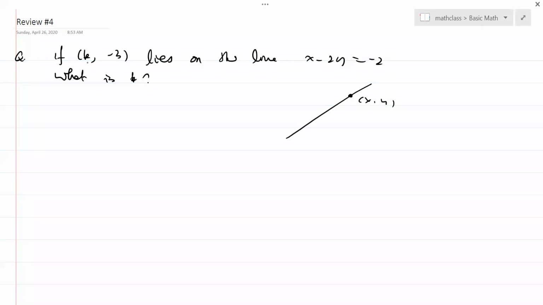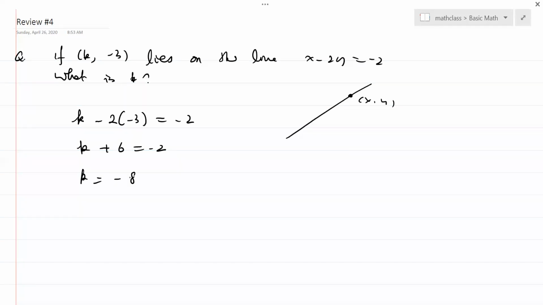So now if we say (k, 3) is a point on this line, it means in the place of x you have to replace by k, in the place of y you have to replace by 3. And then you solve the problem. Okay, so then k plus 6 equals -2, and k is going to be -8.